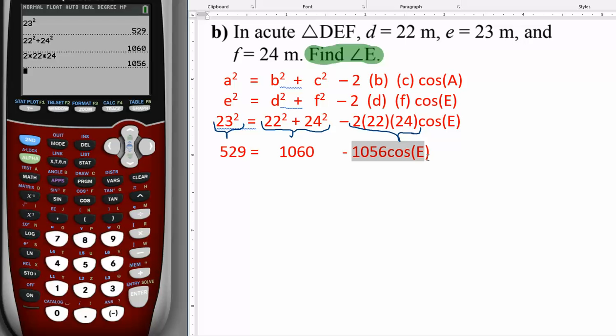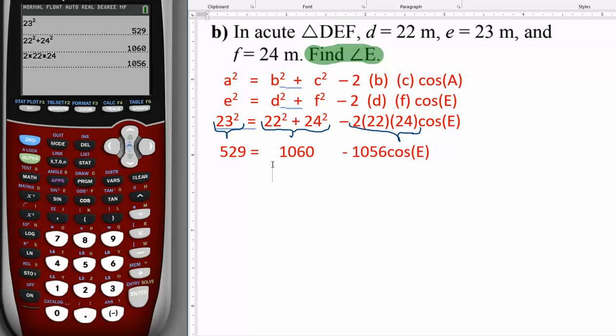We need to isolate cosine of E. What's on the same side as it? 1060 minus the 1056 times cosine of E. So these two numbers have to be eliminated or factored out so that we can have cosine of E isolated.